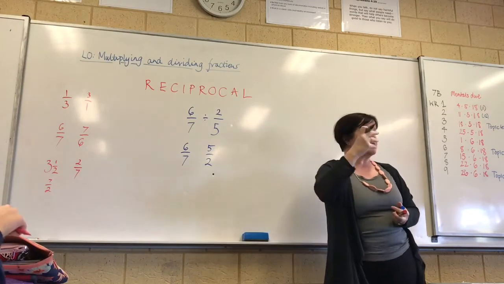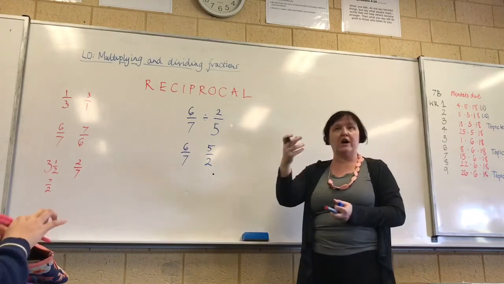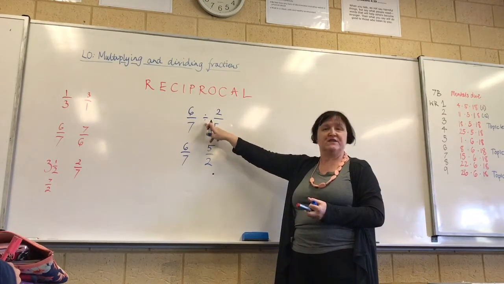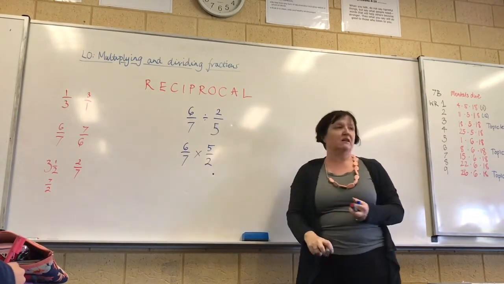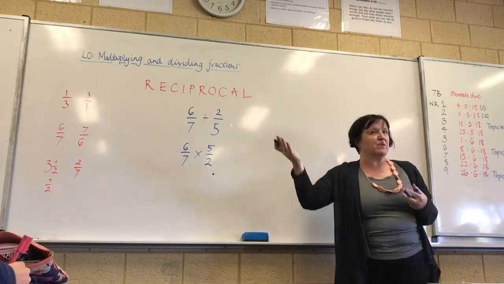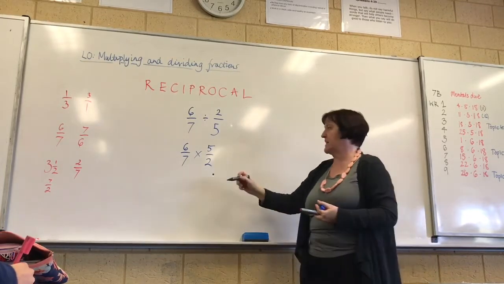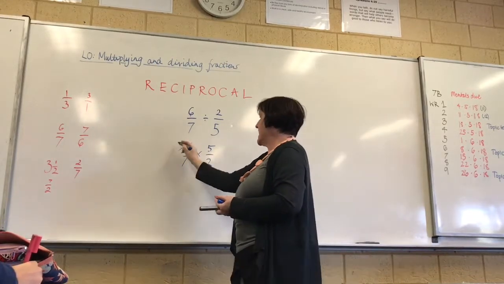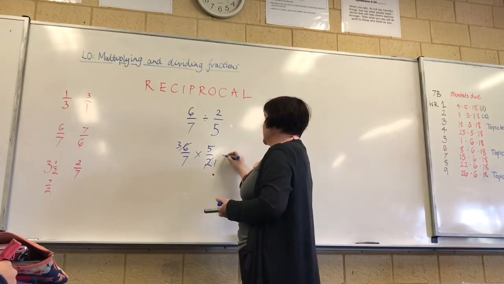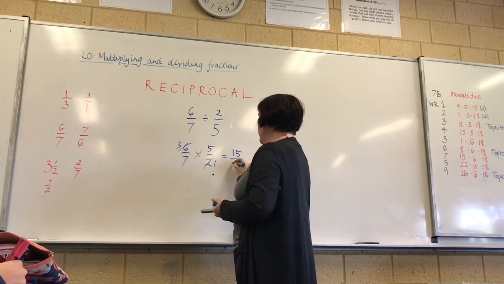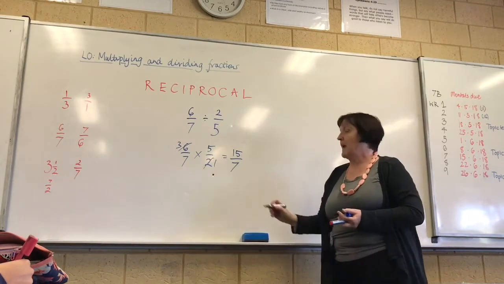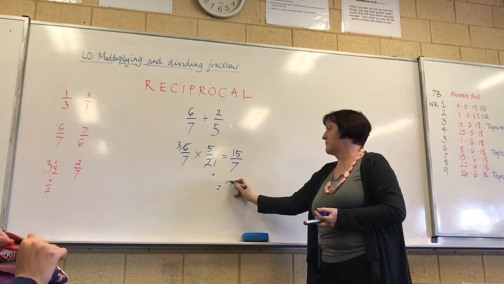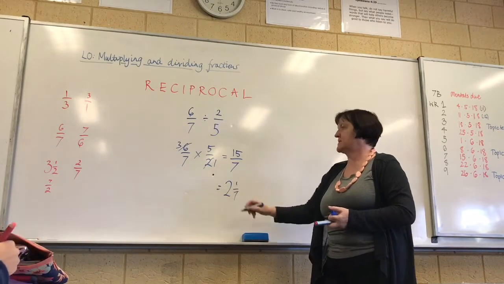And then because you found the reciprocal of the second one, you can also use the inverse of division, which is multiplying. And now we know how to do it, because we've learned how to do multiplication already. So then you look at it, can you cross cancel? Yes, 3 and 1. So that becomes 15/7. And then you make that back into a mixed number, which is 2 1/7.